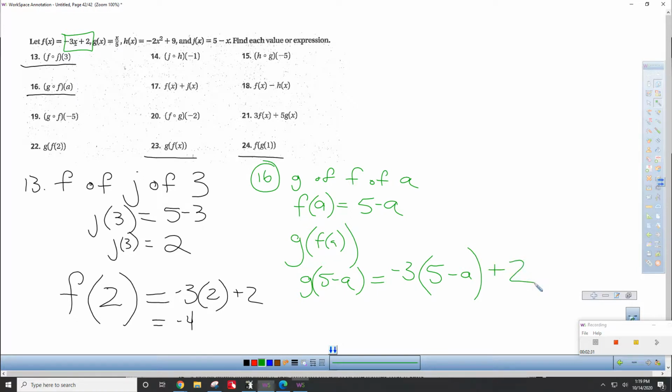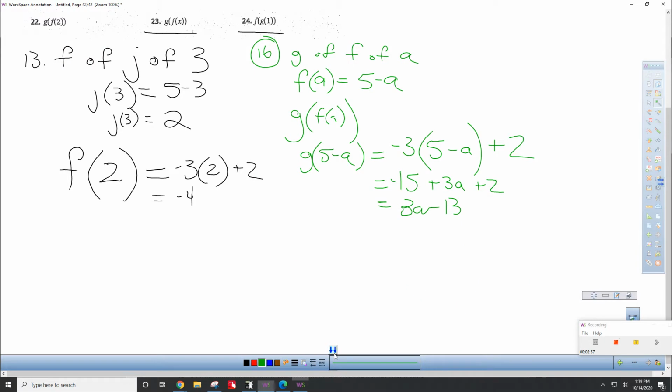And so you get negative 15 plus 3a plus 2. And you end up getting 3a minus 13 would be how I write that. Or negative 13 plus 3a would work too.